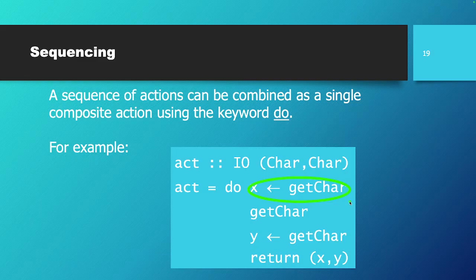It's going to wait until you type in a character. It then puts that value, and remember what we said, it takes whatever comes from getChar and puts it into x, but it's only applicable when it's an IO one.